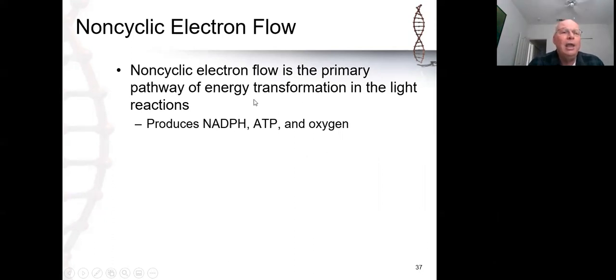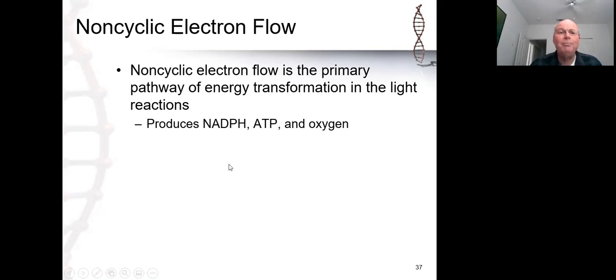Along the way, however, some of that energy is siphoned off to generate ATP because there's more than enough energy captured by the two photosystems working together to not only energize the electrons to the point where they can reduce NADP plus to NADPH, but to also provide energy for making ATP. And in the process, oxygen is produced.